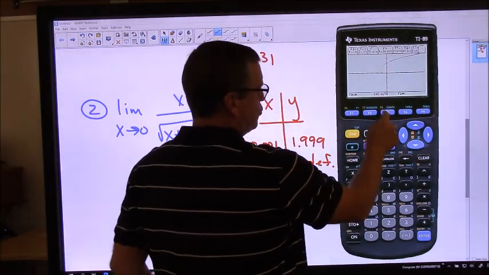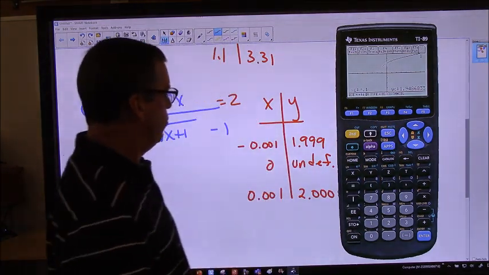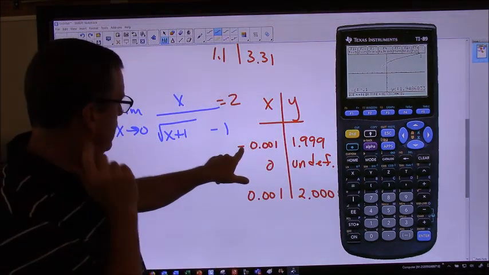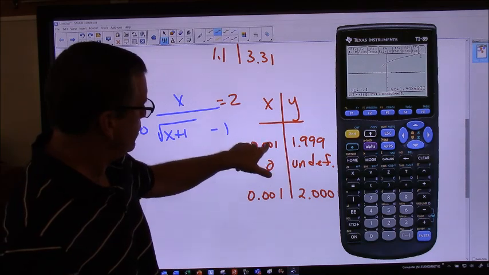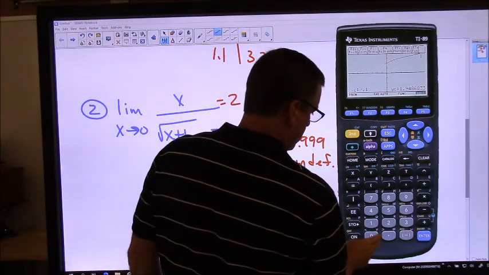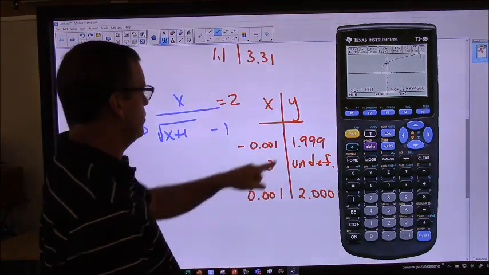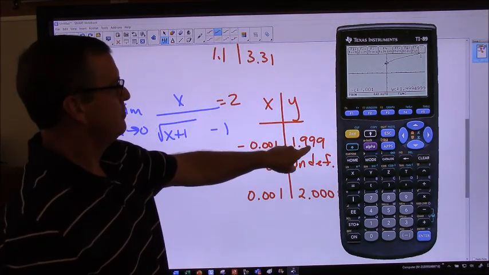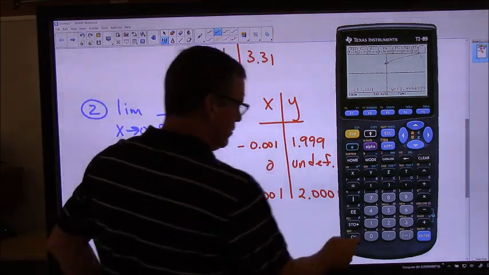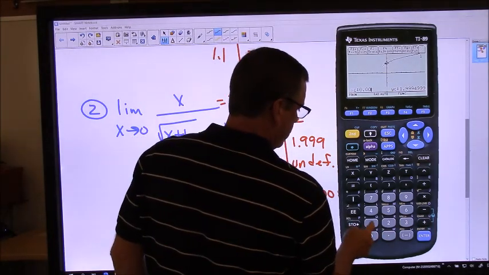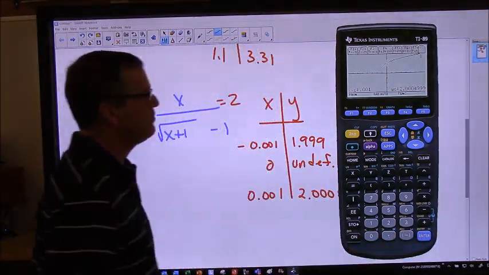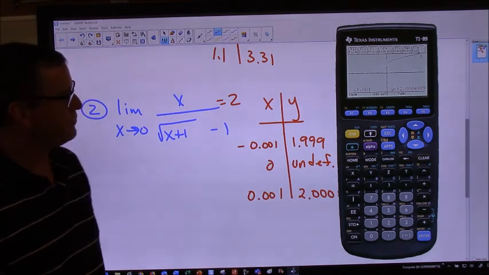And I can even use the trace option as a way to verify that. If I trace to negative 0.001, see, there's my 1.999, and 0.001 from the positive side, there's that number.